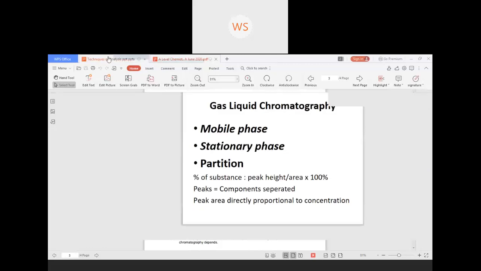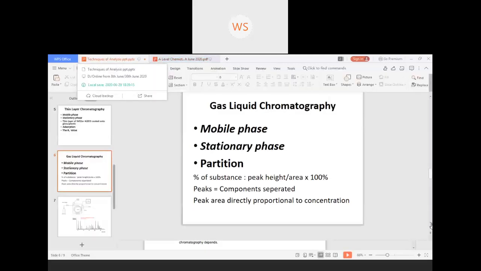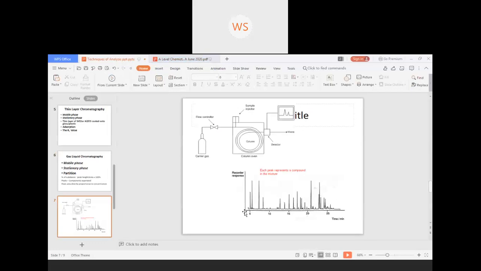Using this diagram, there has to be an x-axis with numbers. The unit of the x-axis is time in minutes, and the y-axis is recorder response. You only need to make one or two peaks; it's not necessary to make so many.